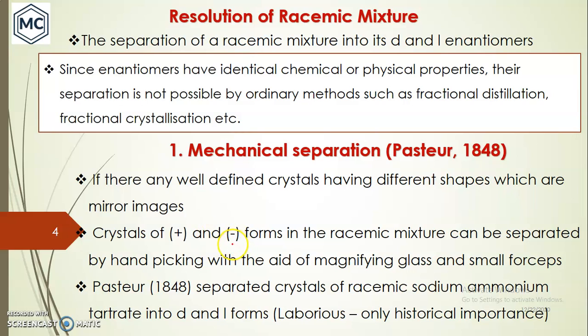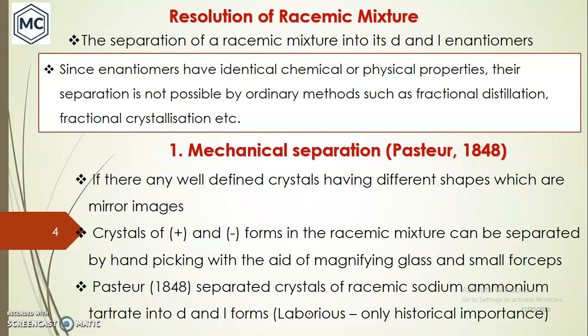So the D form will have a different shape from the minus form. That means the structure is the same, but the orientation will be different. So you have to identify these two forms with a magnifying glass and small forceps, and you have to hand pick them. So you can understand that this is a very difficult job.